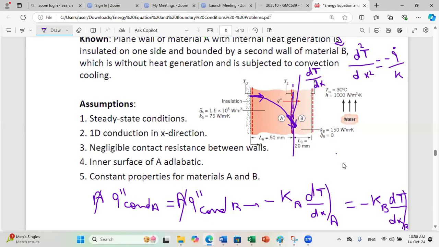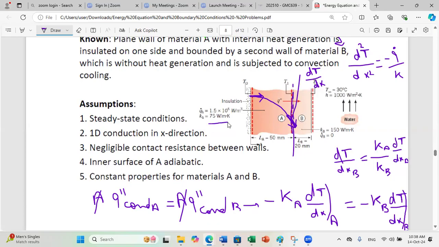So we can say that dT by dx in material B is equal to Ka over Kb of dT by dx in material A. And you have the values for Ka and Kb.